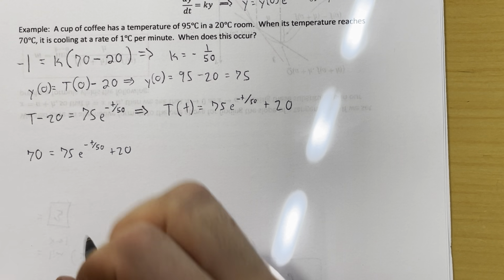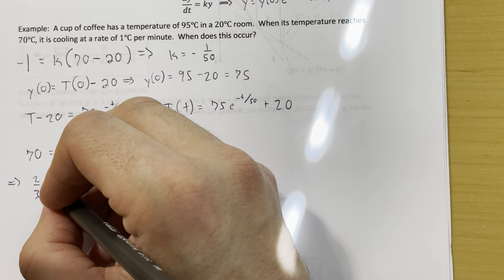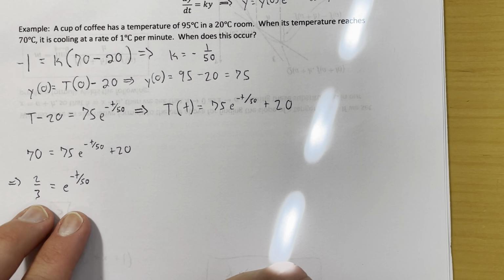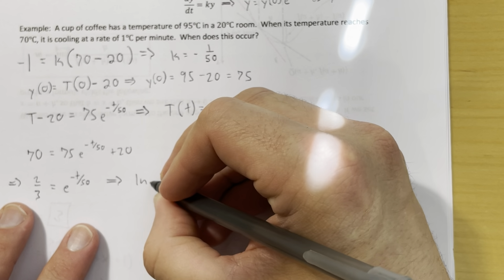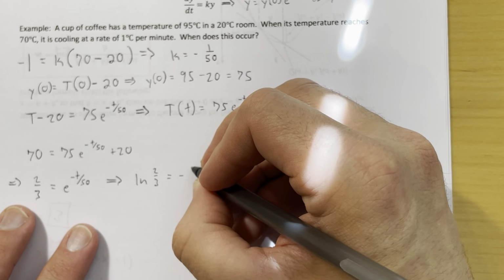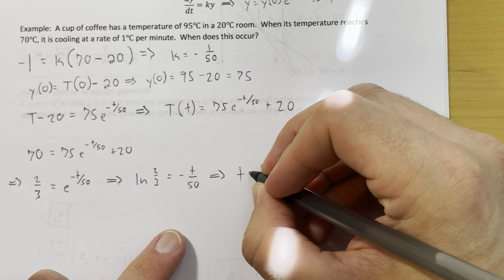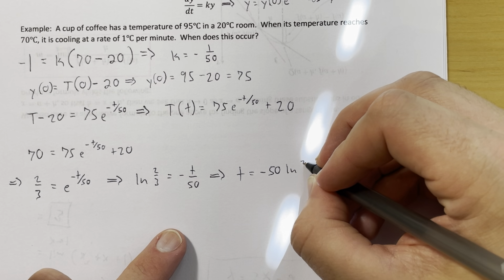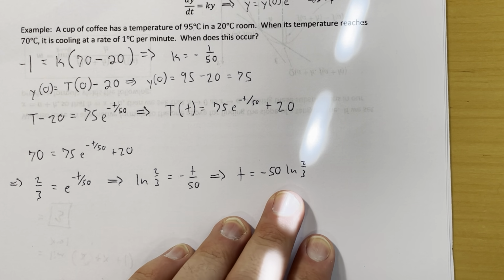And then if I divide both sides by 75, I get 50 over 75, which is the same thing as 2/3. 2/3 equals e to the negative t over 50. Now I would need to take the natural log of both sides, and I get natural log of 2/3 equals negative t over 50. Finally, multiply both sides by negative 50, and I get t equals negative 50 times the natural log of 2/3.